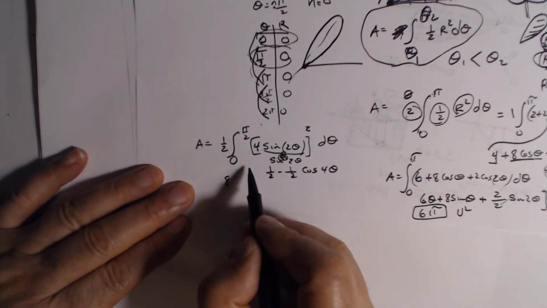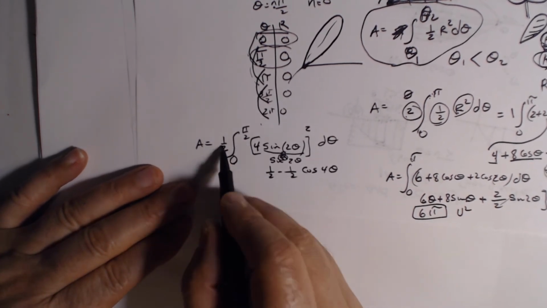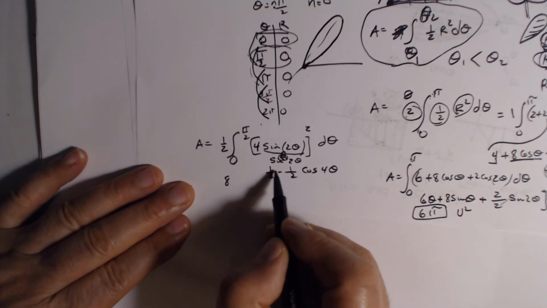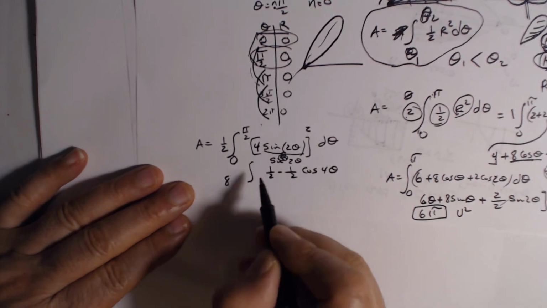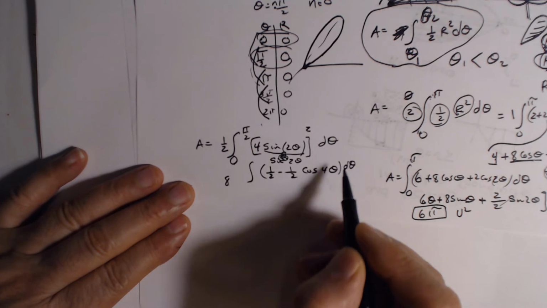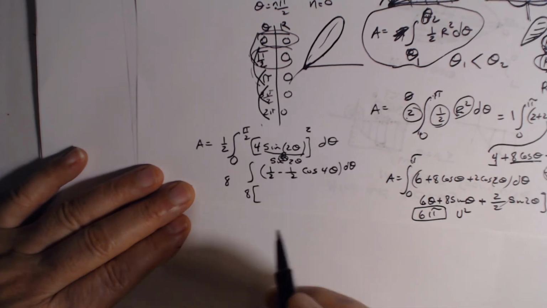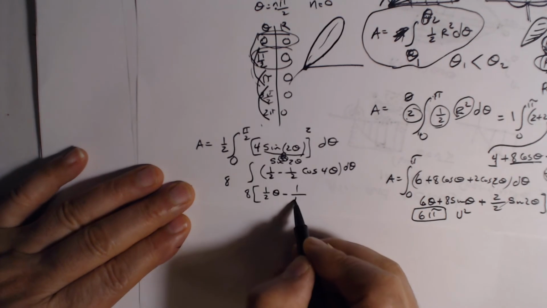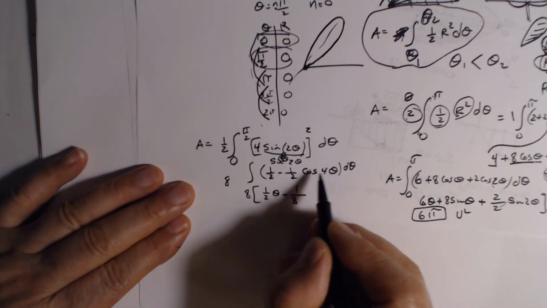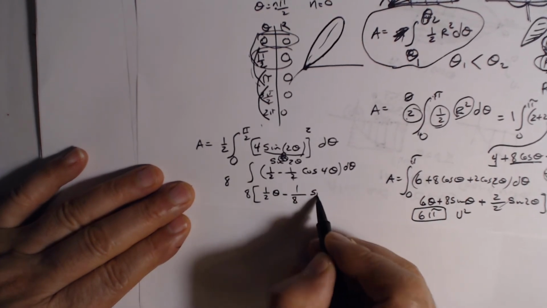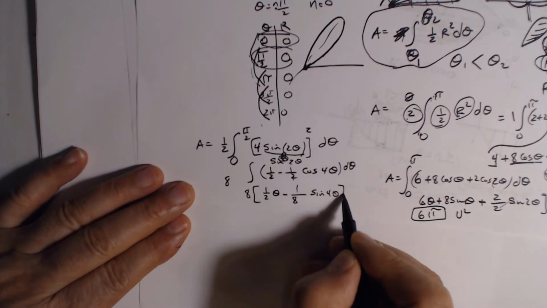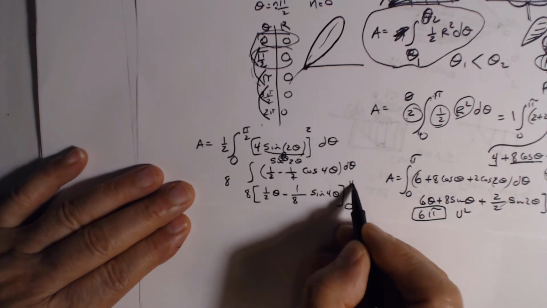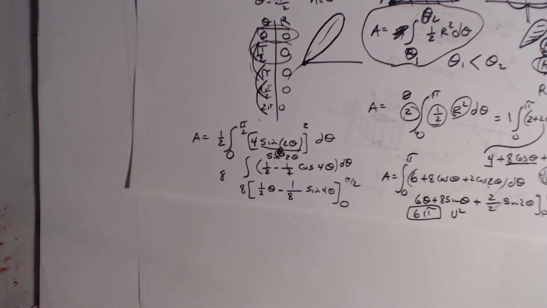When I multiply, I already took care of that 4. 16 times 2 is 1/8. You don't have to multiply this one by anything. Then I'm going to integrate this, and I'm going to say 8 times 1/2 theta minus 1/8, because you have to multiply by 4 divided by 4, sine of 4 theta. See, 0 to pi over 2 makes your life easy.